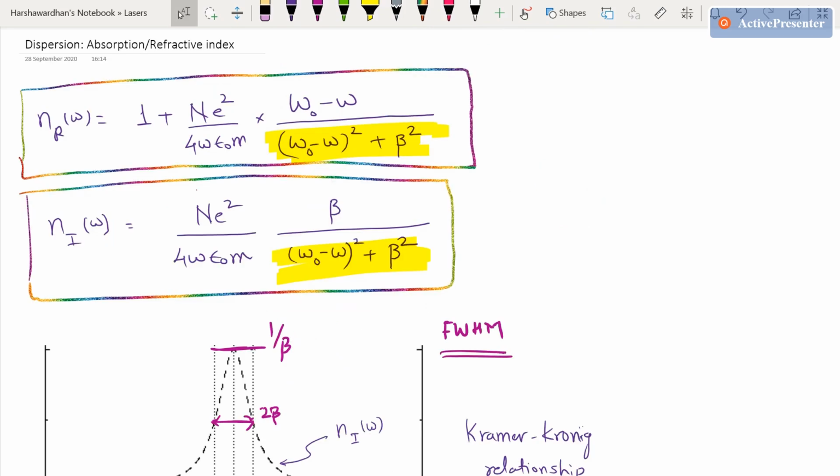So before I go ahead, I want to talk about this line shape function.